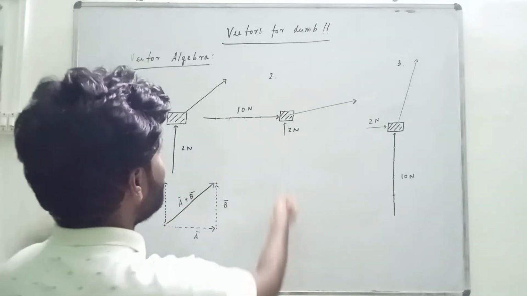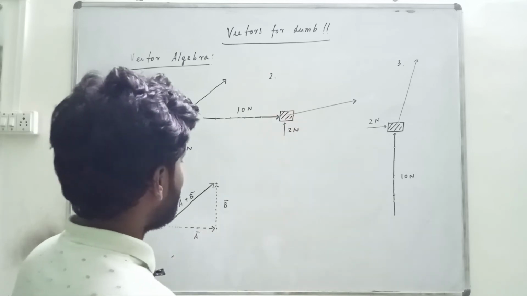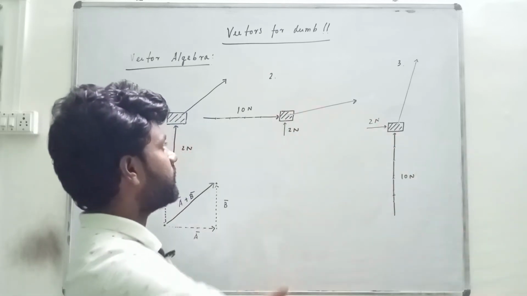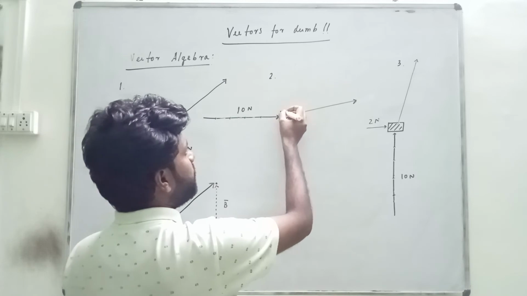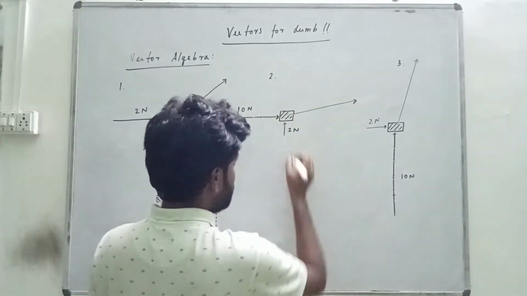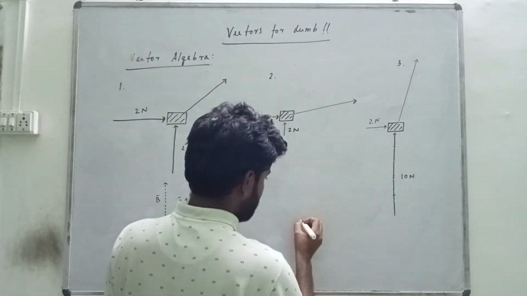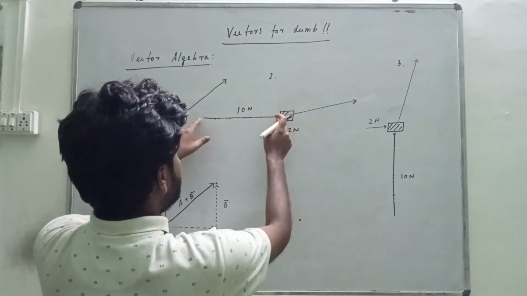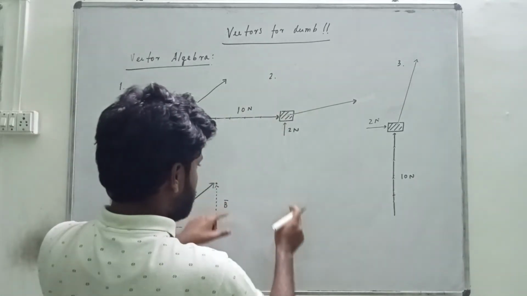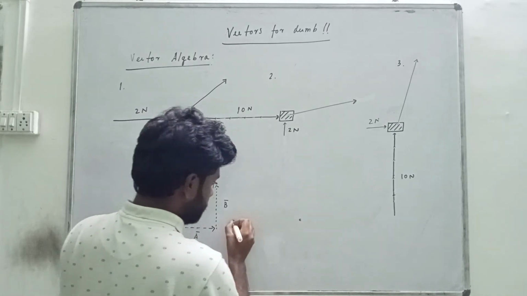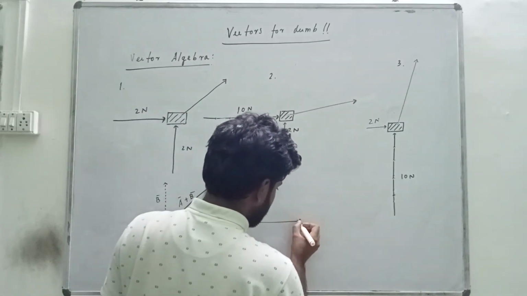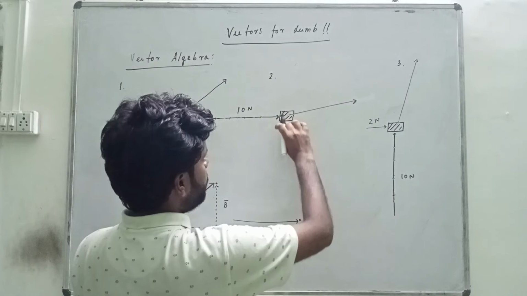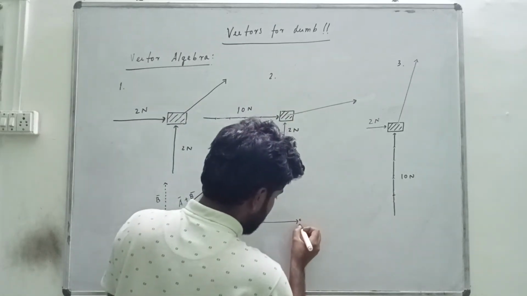Similarly for this one, I will follow the same procedure. Represent the block as a dot. This is the initial configuration, with a 10 Newton force here and a 2 Newton force here.